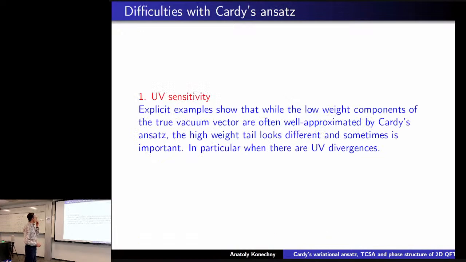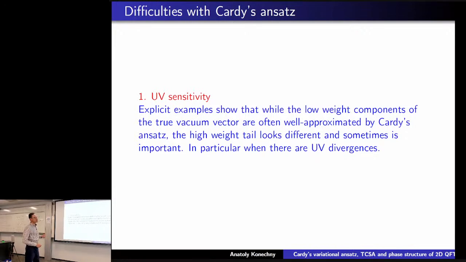But there are some problems here. One problem Cardy noted himself is some UV sensitivity. While the low conformal weight components of the vacuum vector are often captured accurately, the tail of the very high weight components sometimes looks different from the exponential decay that Cardy's ansatz has in it.